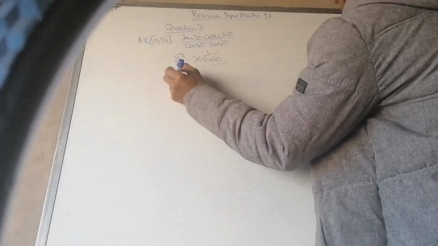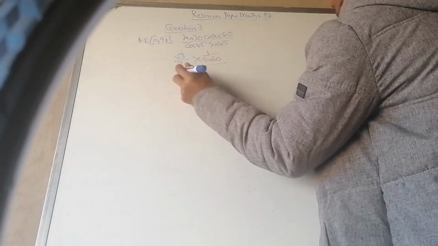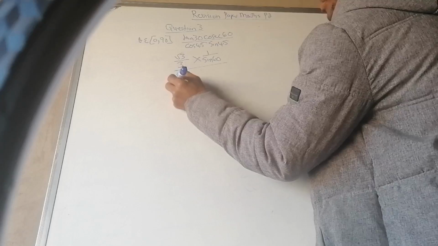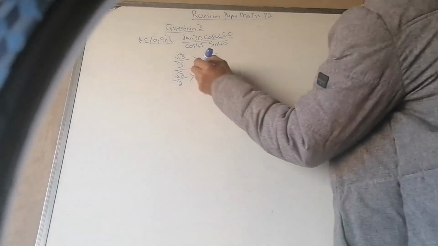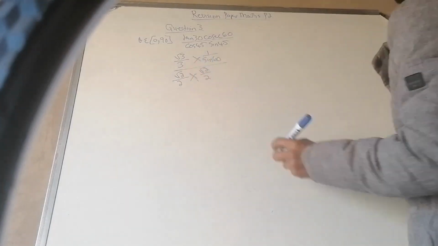What is the cos of 45? Root 2 over 2. What is the sine of 45? Root 2 over 2.